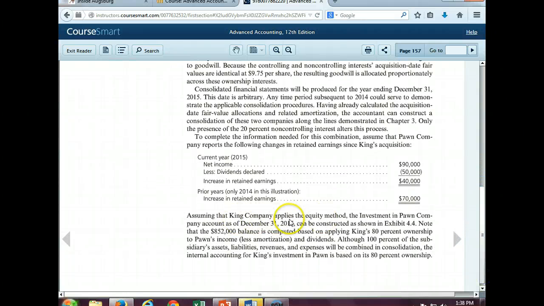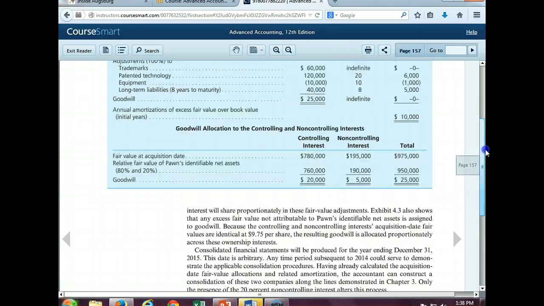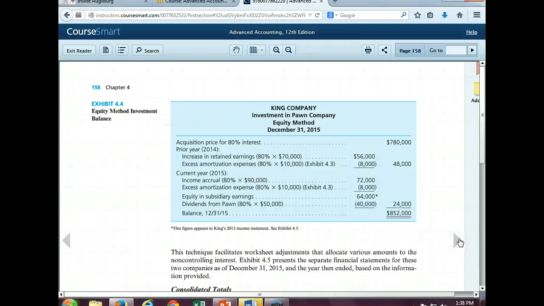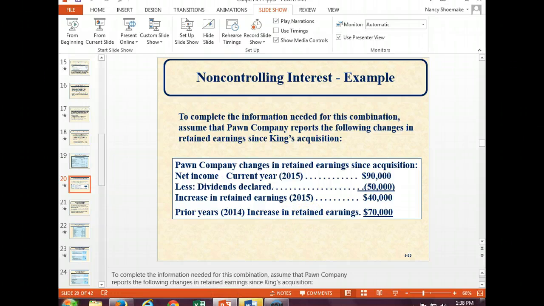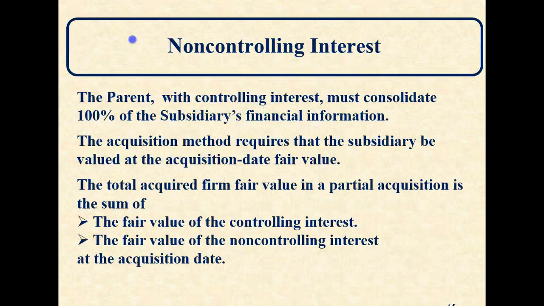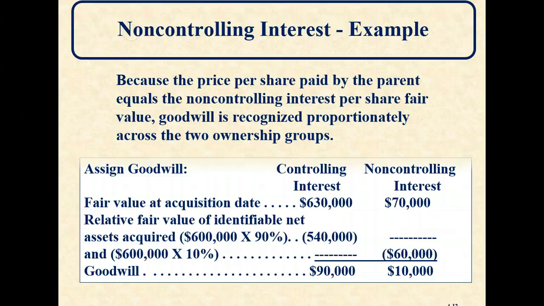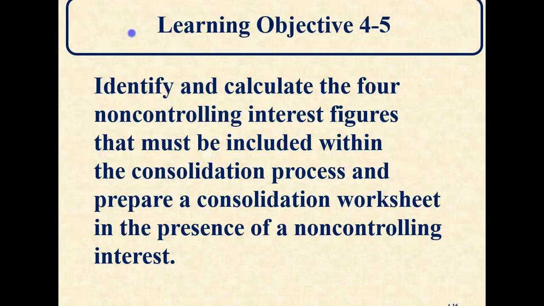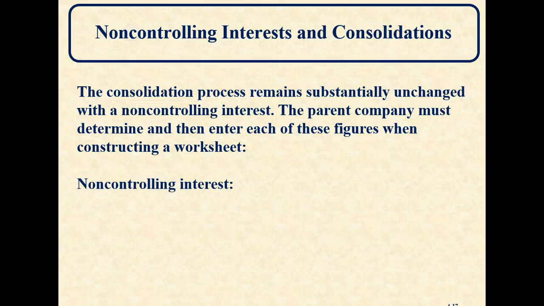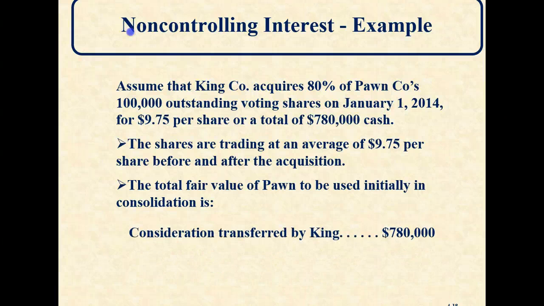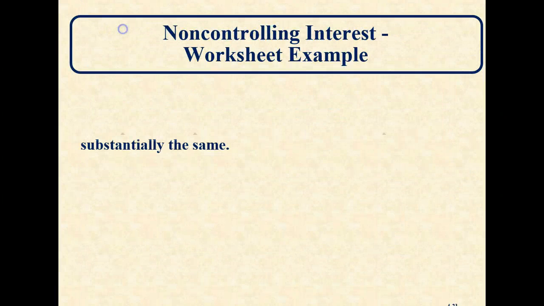Assuming that King is going to apply the equity method, we're now going to look at how they're going to account for this information related to the non-controlling interest. So let me go back here. I apologize, I keep jumping back and forth. Okay, where am I?